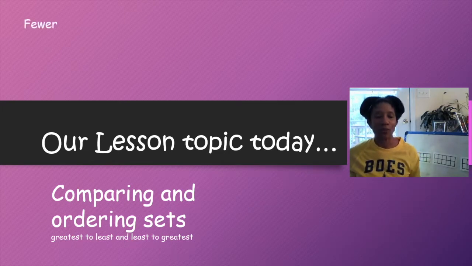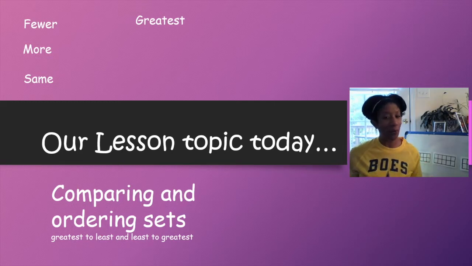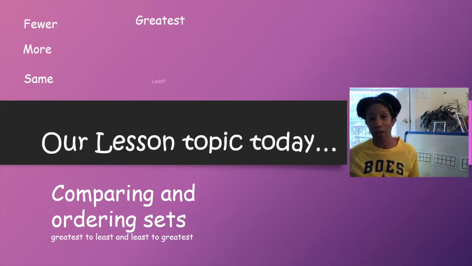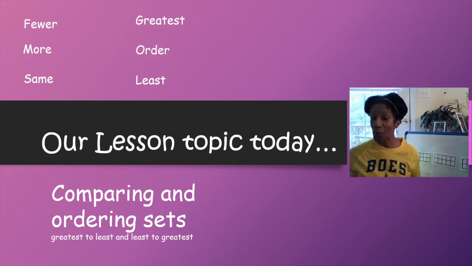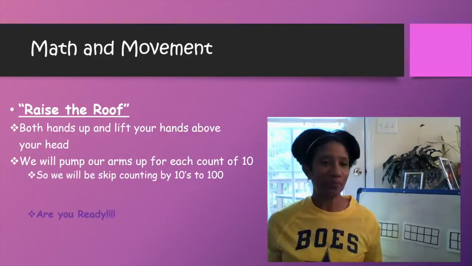We're going to be using words like fewer, more, and same. All of those words you've seen before because we talked about them when we were just comparing, but now we're going to add greatest and least and order, because that's what we're doing today. We're comparing and ordering sets from greatest to least and least to greatest.